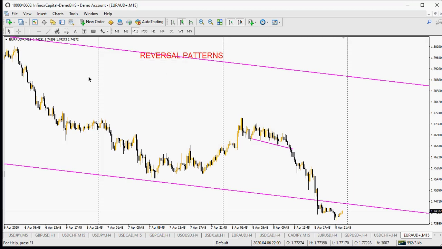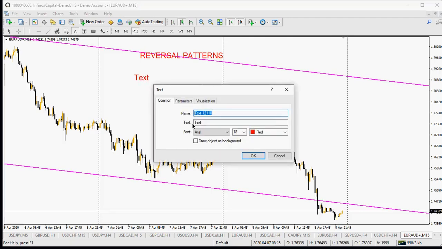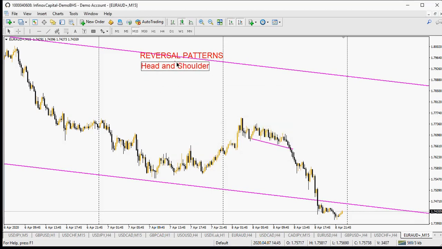Under reversal patterns, we have one reversal pattern we call head and shoulder.